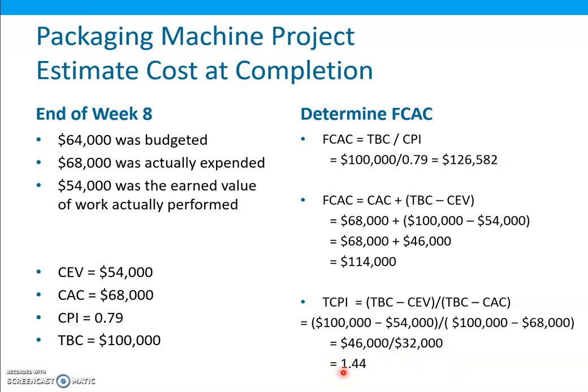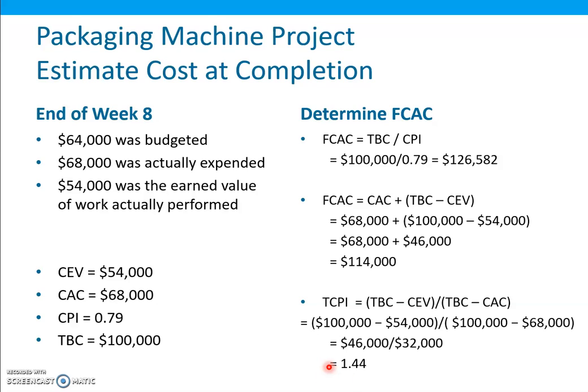Remember that in the cost performance index, when it was greater than 1, we were spending less, and if it is less than 1, we are spending more. But in the to-complete performance index, an index greater than 1 means we have to get more work done for the amount spent.